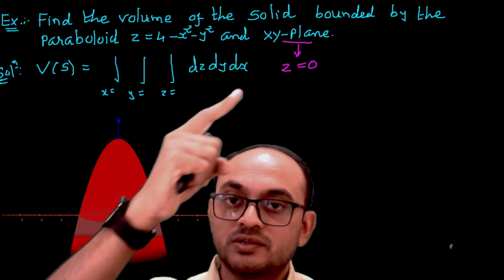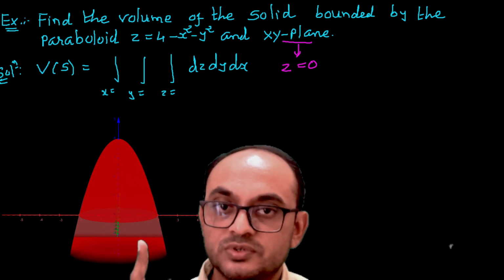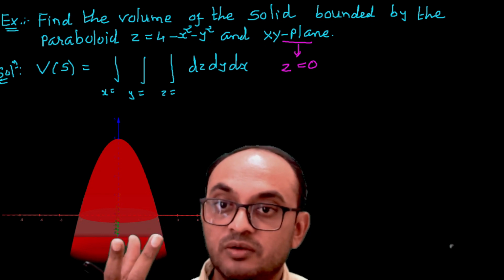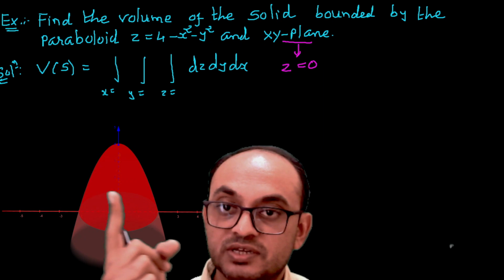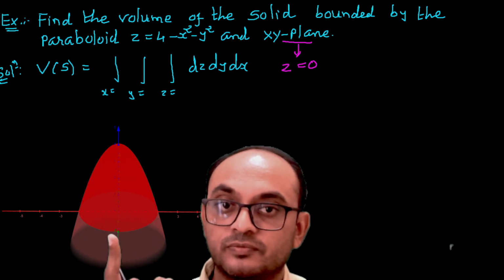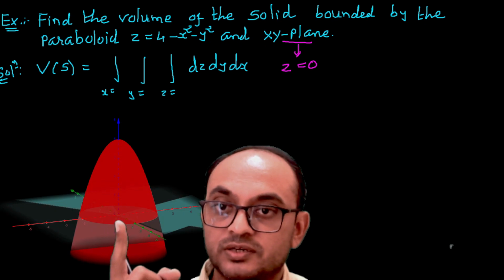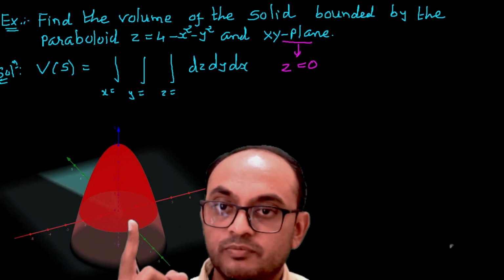Now the other surface is z equal to 0. So let us draw z equal to 0. z equal to 0 is nothing but the xy plane. So this is our xy plane. See, this is z equal to 0, right? The blue color plane.